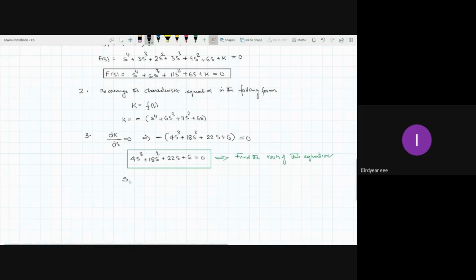You are going to have s1, s2 and s3. So these roots are nothing but breakaway points. So quickly you can find out the roots of this particular equation by substituting the coefficients in the calculator.